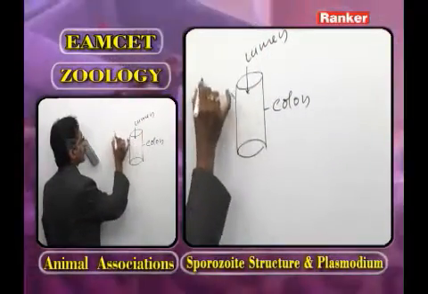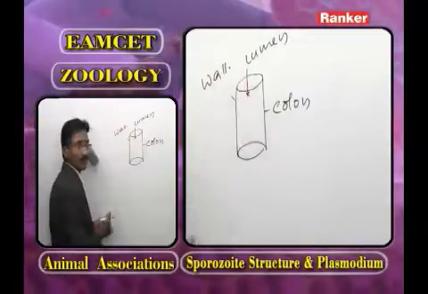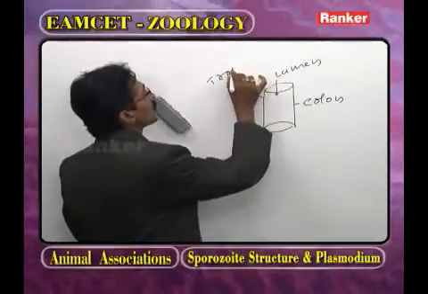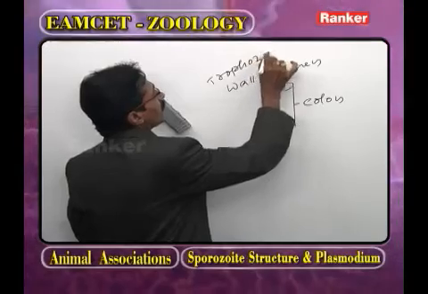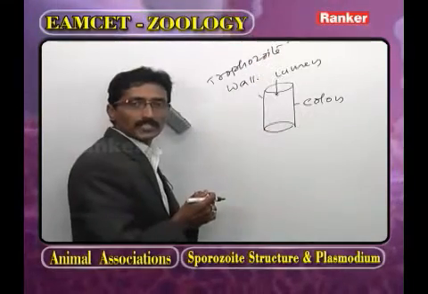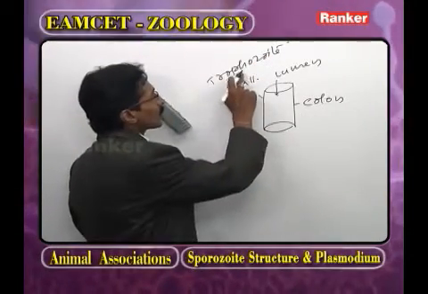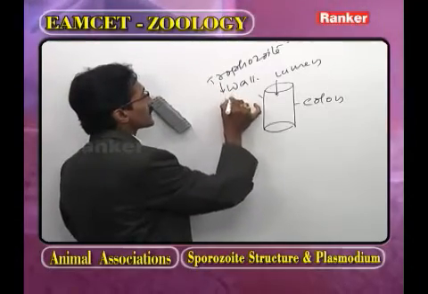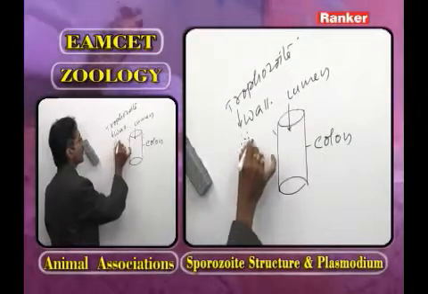Now, this one we call the wall. In the wall of the colon, what is present? The trophozoite. The trophozoite undergoes reproduction and produces innumerable daughter individuals.